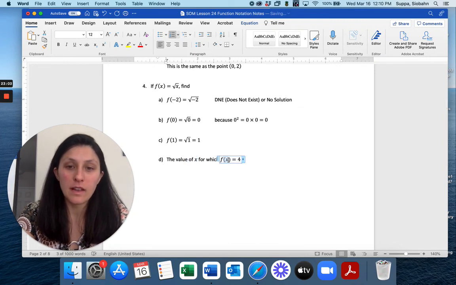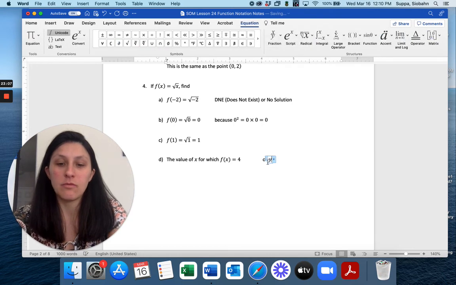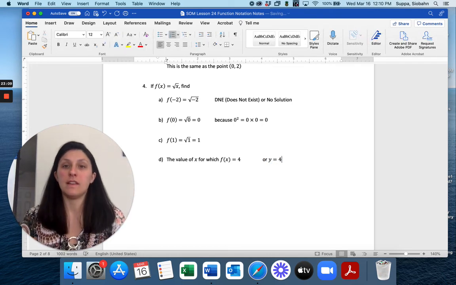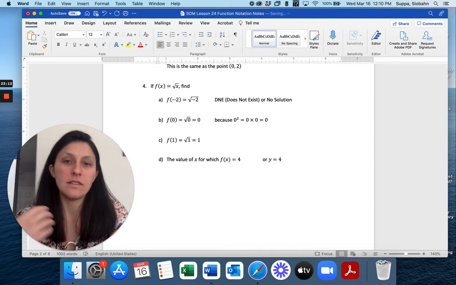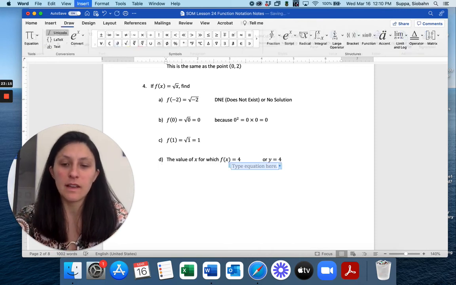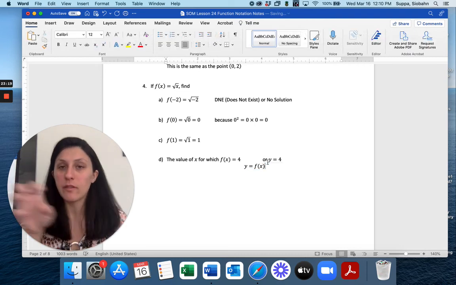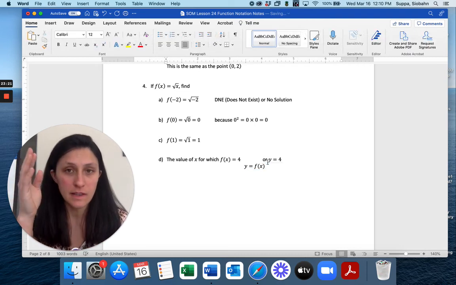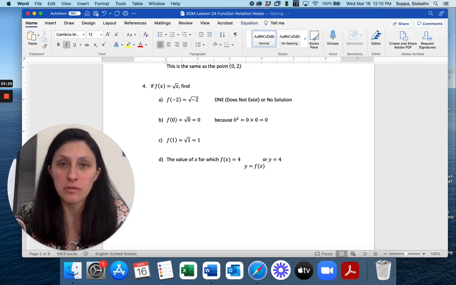So now you're given f of x equals 4, or I could say that differently, y equals 4, and you're solving for x. And then just internalize the concept that y equals f of x. Those are the same thing. So wherever you see an f of x, that's the same thing as y. That's the same thing as your dependent variable, whatever you want to call it.